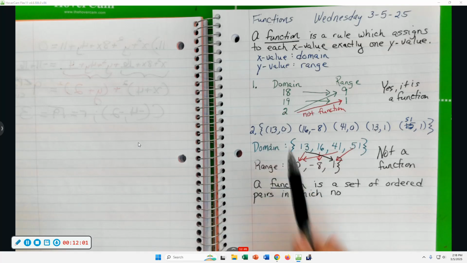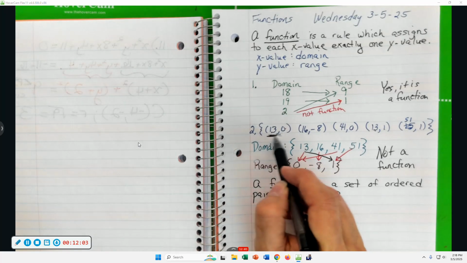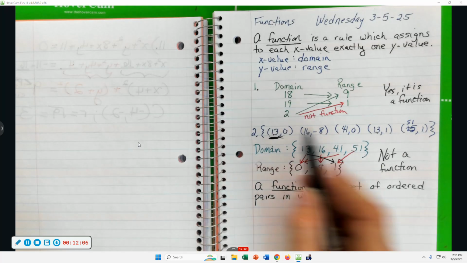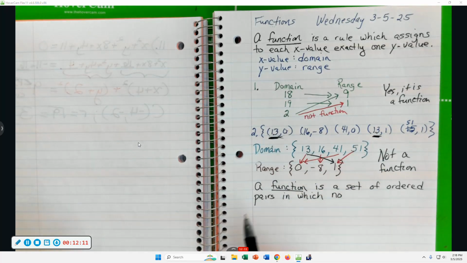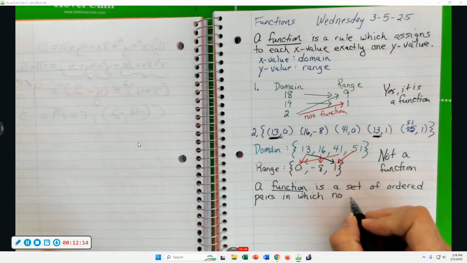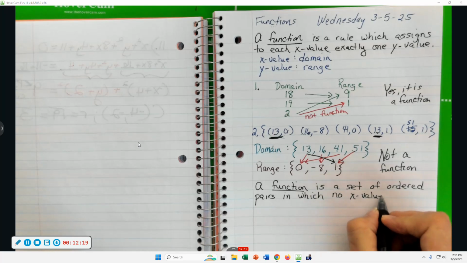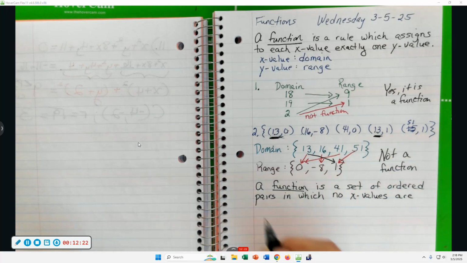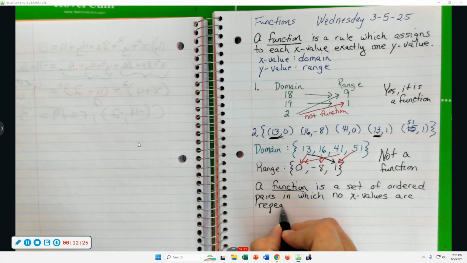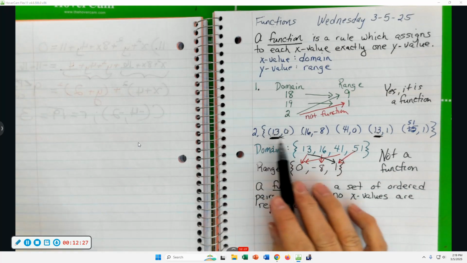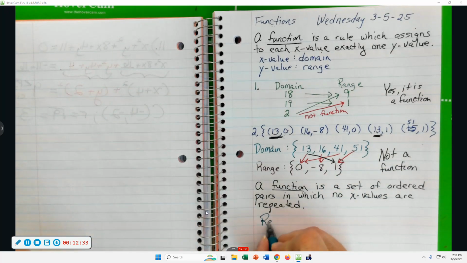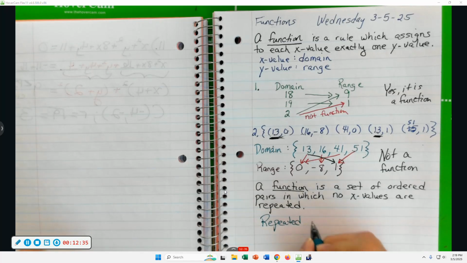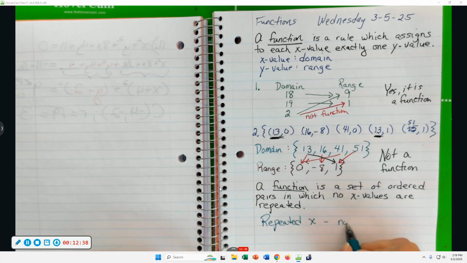Like right here, the number 13, that x value, has two different y values assigned to it. So a function is a set of ordered pairs in which no x values are repeated. So if you have a list of ordered pairs, if there's a repeated x, then it's not a function.